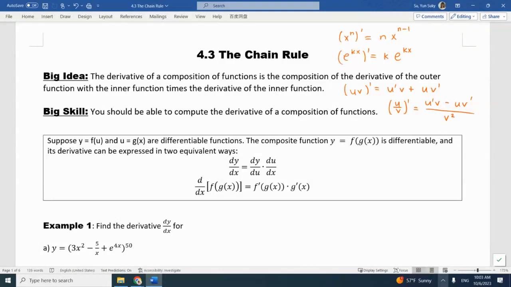For example, you have something raised to the 50, and your inner function is the thing inside the parentheses, right? In this case, you let u be the inner function. So g of x is the inner function.